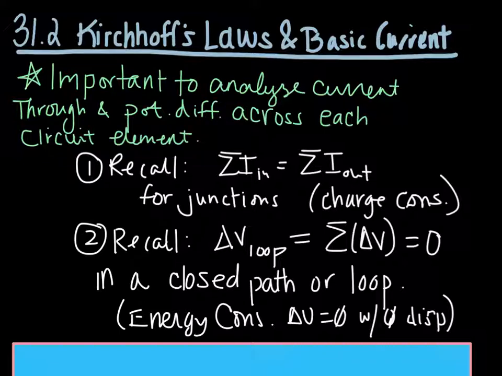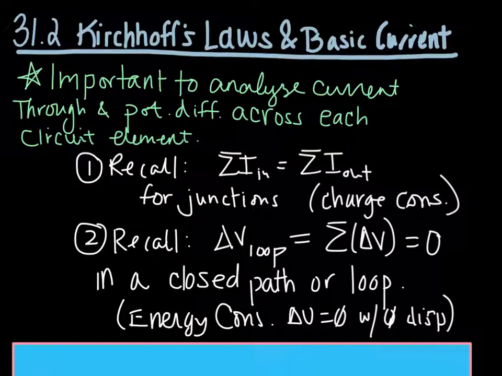So now we're going to review Kirchhoff's laws and basic current in a circuit. You have to remember that it's important to analyze each element in the circuit in terms of the current going through it and the potential difference across each circuit element. You also know the junction rule, which means that the sum of the current into the junction has to equal the sum of the current going out of the junction, and that's by charge conservation.